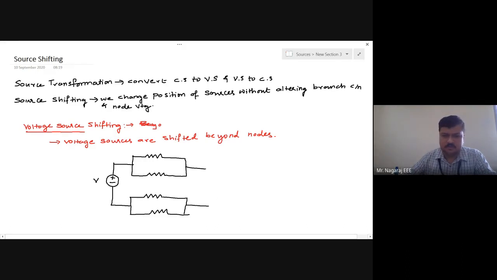Let this be the circuit. I have purposely taken this circuit because it covers all understanding of voltage source shifting. Now let me give the resistance names as R1, R2, R3 and R4.